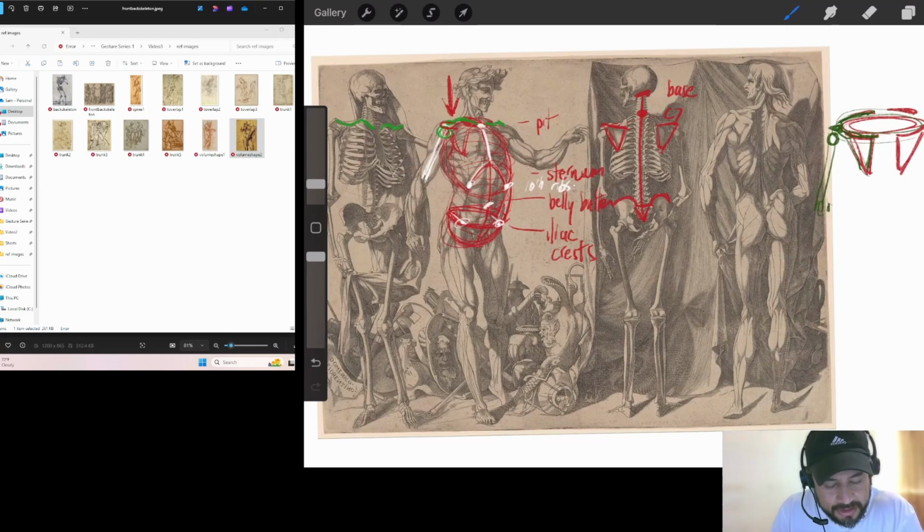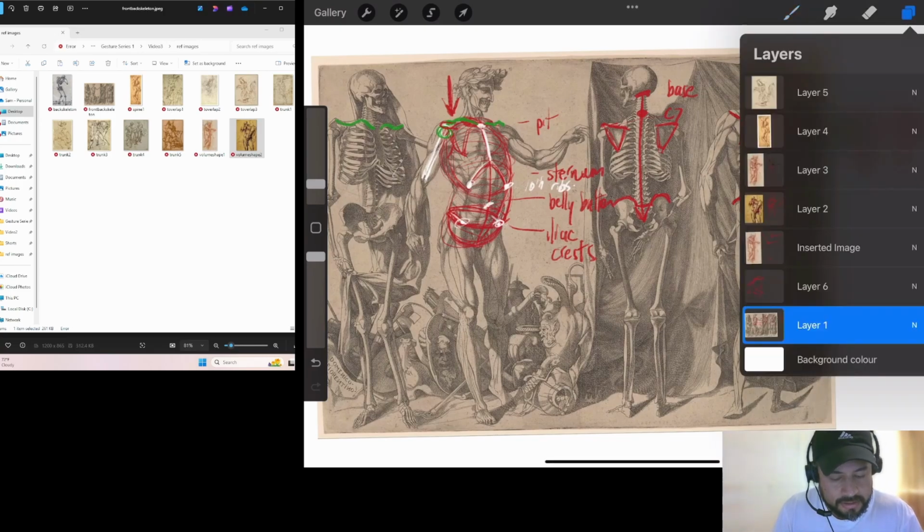So on this figure here, base of skull, C7, you can see the shape of that, the muscles and the protrusion of that shoulder blade. Continuing down, we find the iliac crests, and in between is the sacrum.